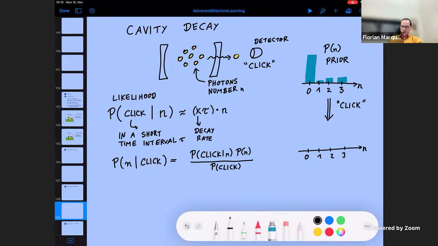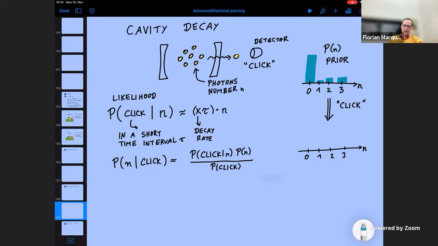Okay. And now I have a click. But since I have a click, I have to multiply P of n, the prior, by the likelihood. And you immediately see that for n equals 0, the likelihood here is also 0 because it's multiplied by n. So immediately I will set this one probability that was the biggest one previously, I will set it to 0. That's a drastic change.